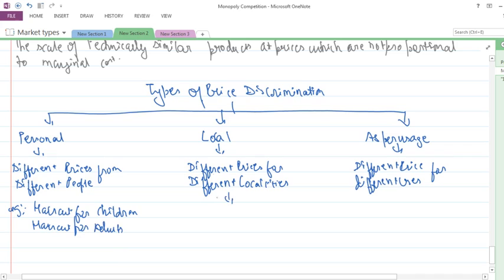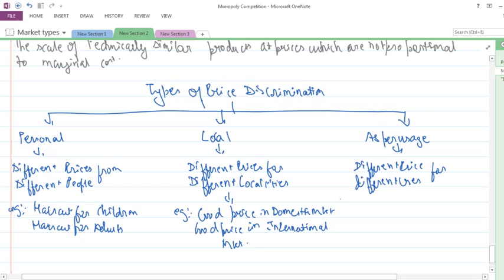In the same manner, if there is one price for a good in the domestic market and another price in the international market, then the price discrimination is according to the locality.